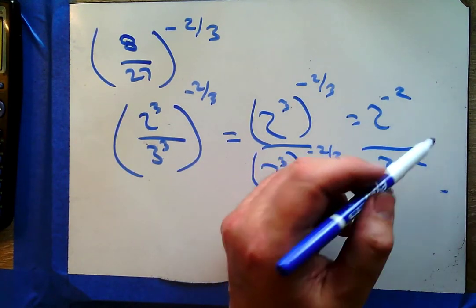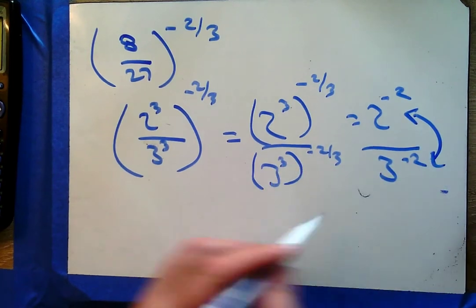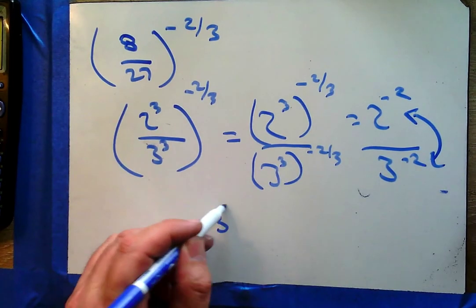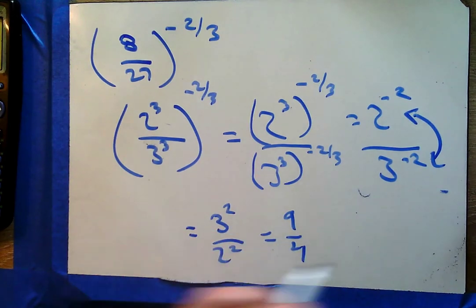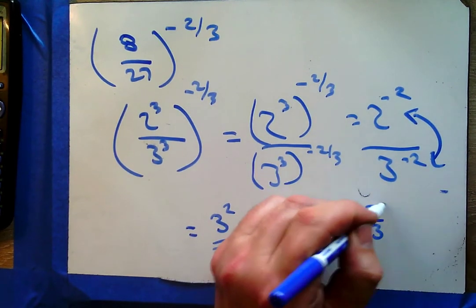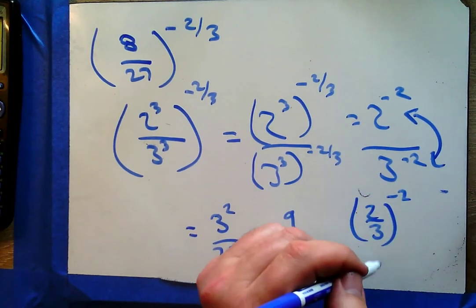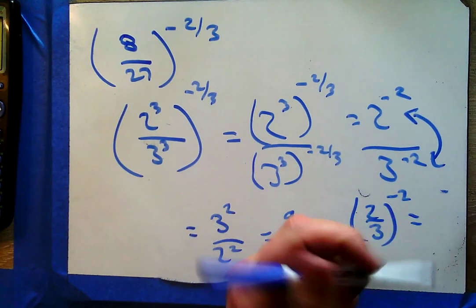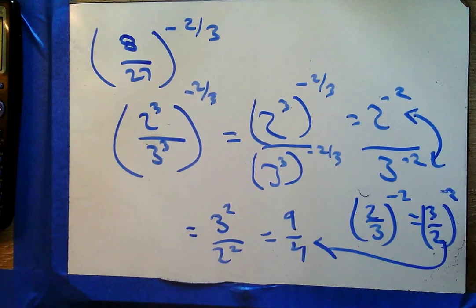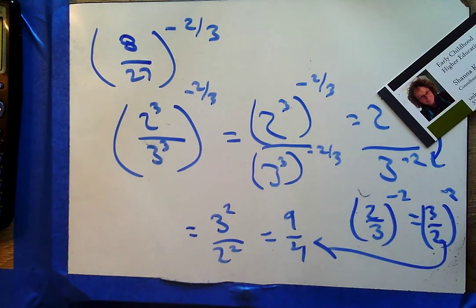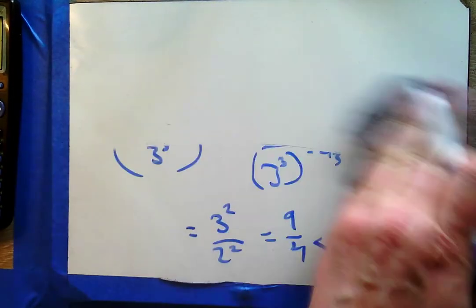All right, so that's going to flip these, right? So I'm going to have 3 squared over 2 squared, or 9 over 4. You know, you could do this. You could say that's 2/3 to the negative 2. And then you could say, well, I'm going to flip it, so that's 3/2 to the 2, which is 9/4. Okay. Where are we next?